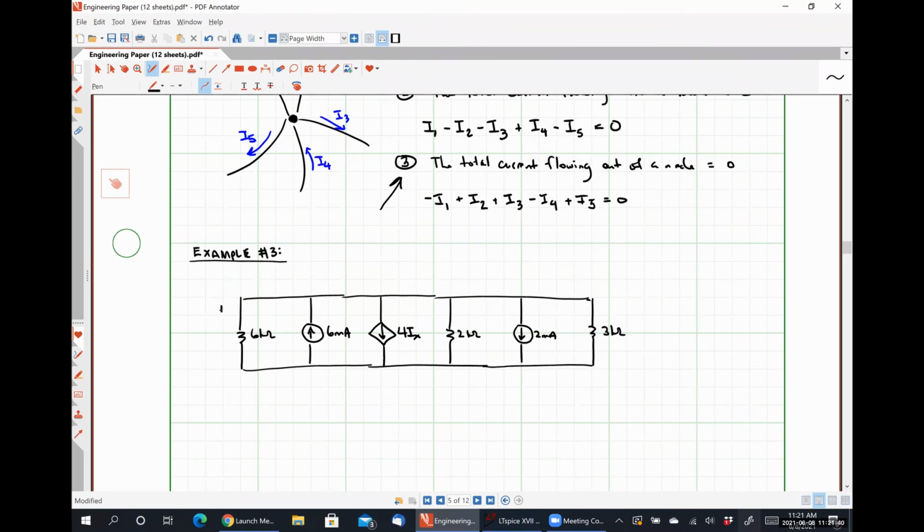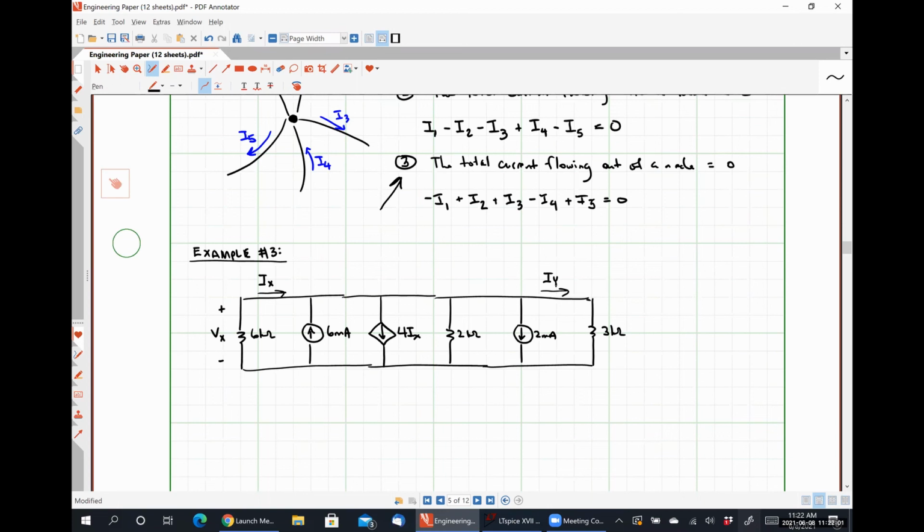So I'm going to define a few variables. Here is Vx. Here is Ix. And here is how I will define Iy.